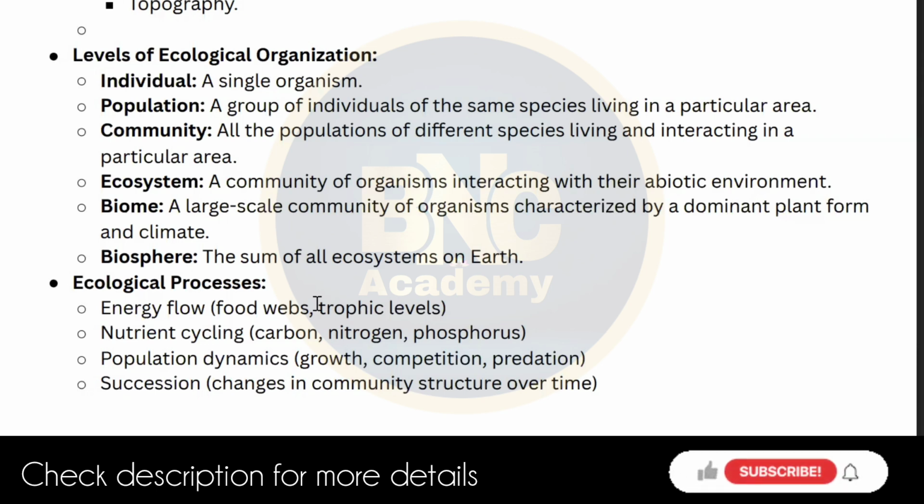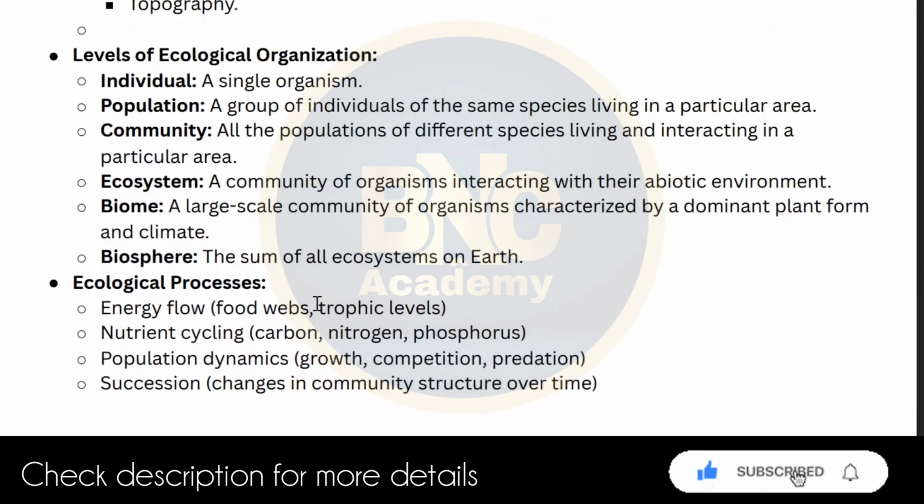Biomes like rainforests or deserts represent large-scale ecosystems characterized by distinct climate and vegetation. The biosphere, encompassing all living things and their environments, is the ultimate scale of ecological study.